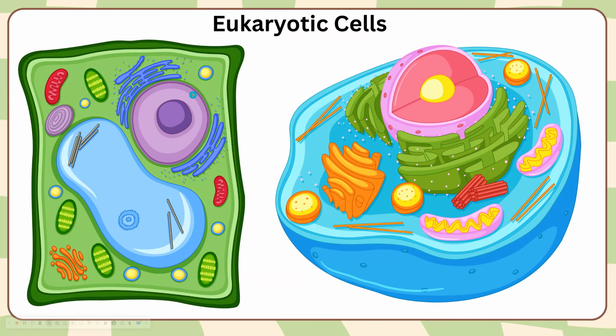Some things that we share with plants is that there is a membrane-bound nucleus. It's purple in this plant and pink in this animal cell, with a nucleolus responsible for making our ribosomes. That's the little golf ball inside of our nucleus. We then share having endoplasmic reticulum.